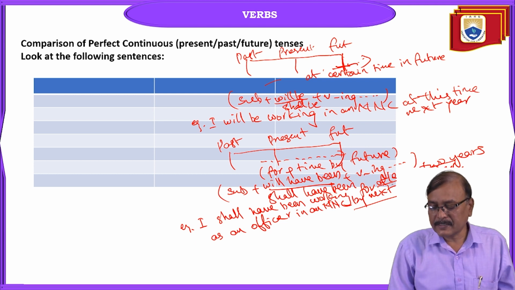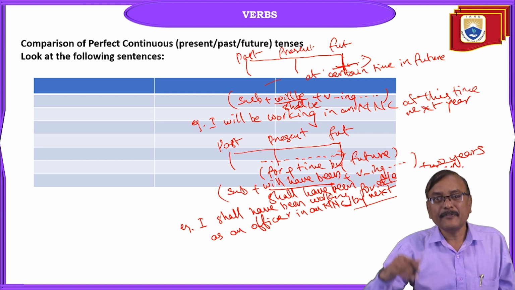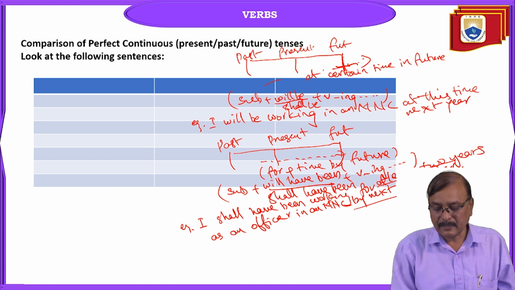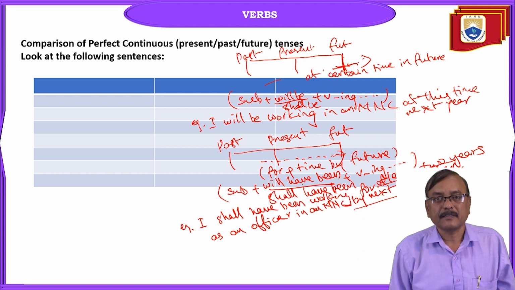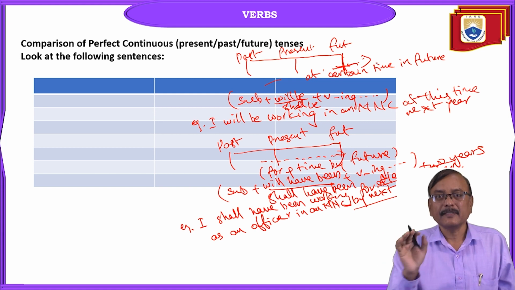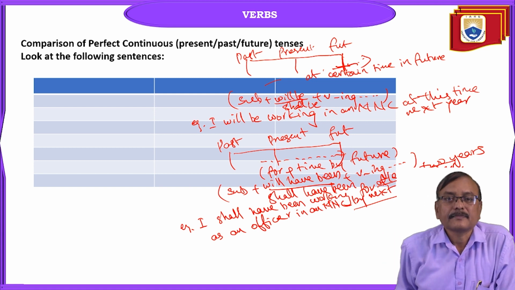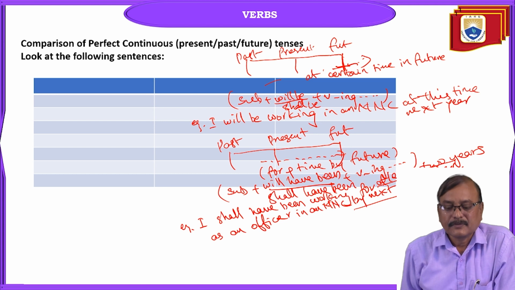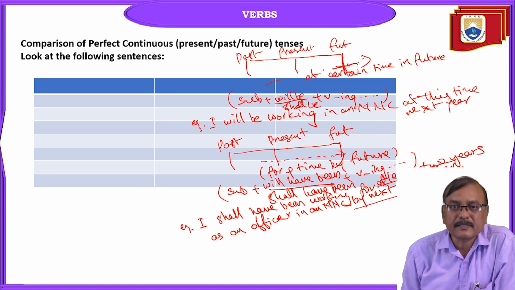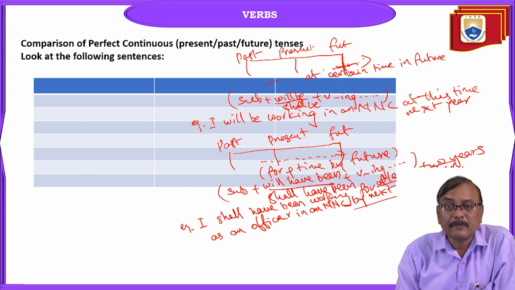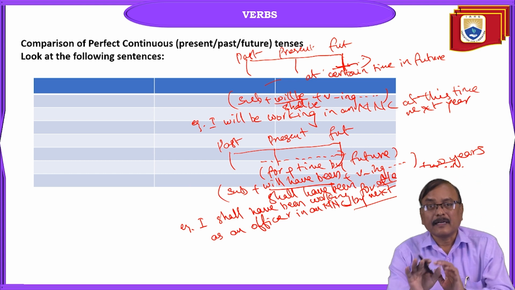If it is for plus time by future time or by future action, future perfect continuous tense. If it is a particular time in future and the action is continuing, just future continuous. Okay? So this is the difference between future continuous and future perfect continuous. So these will help you a lot in the comparison.